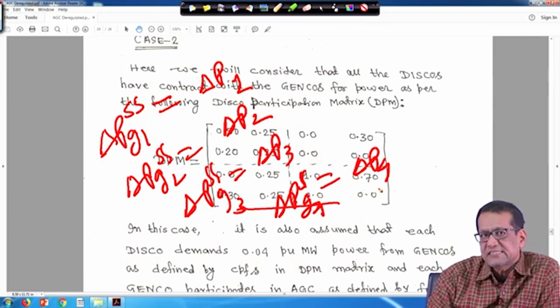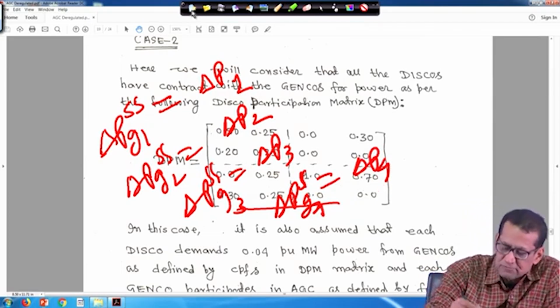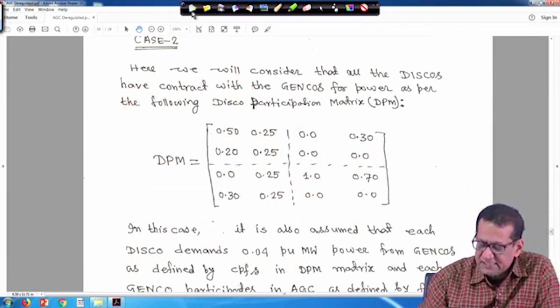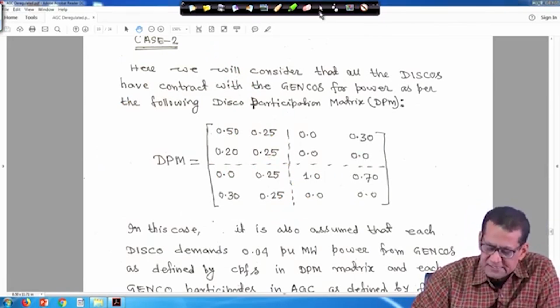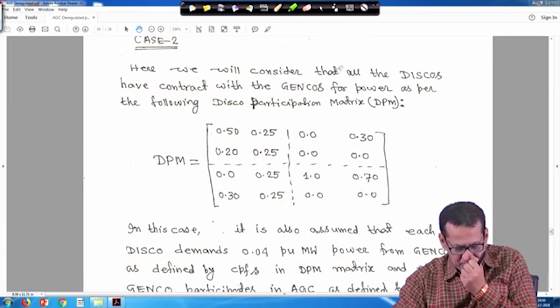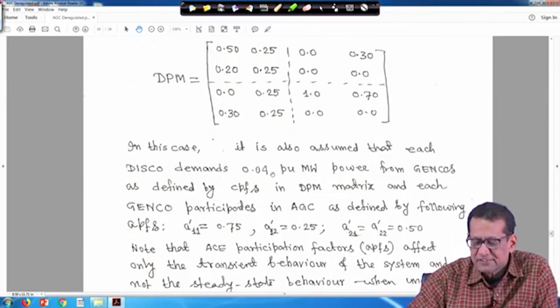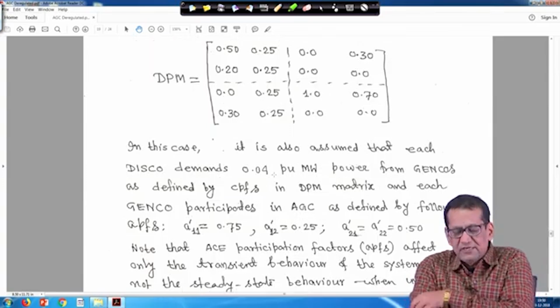At steady state this has to happen. In this case it is also assumed that each DISCO demands 0.04 per unit megawatt.